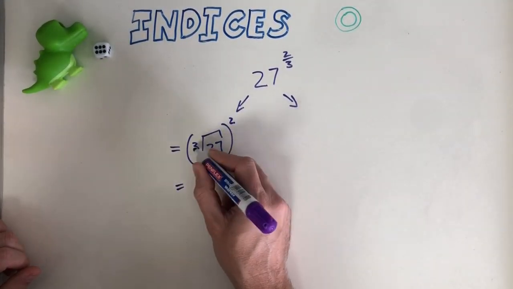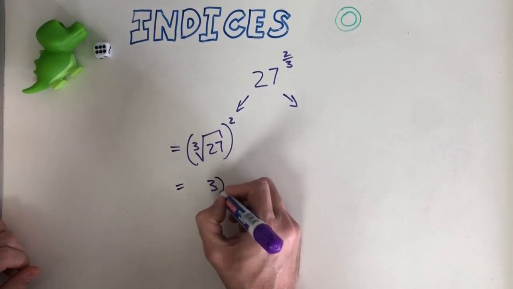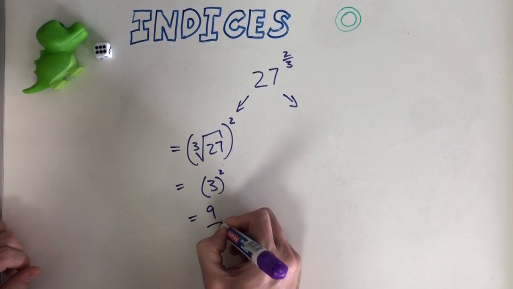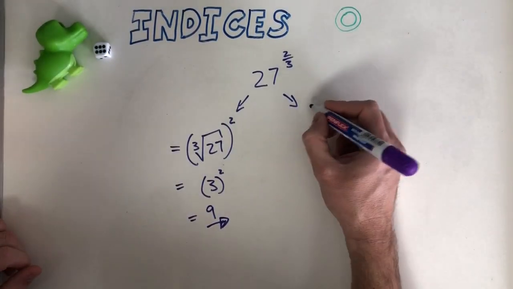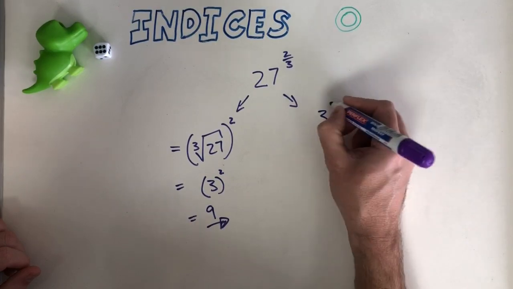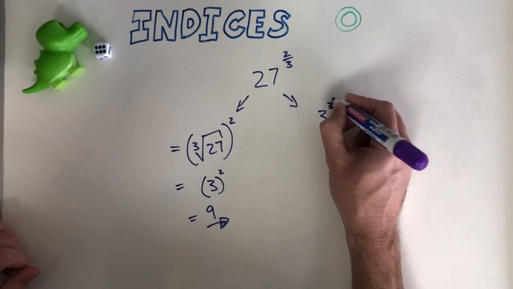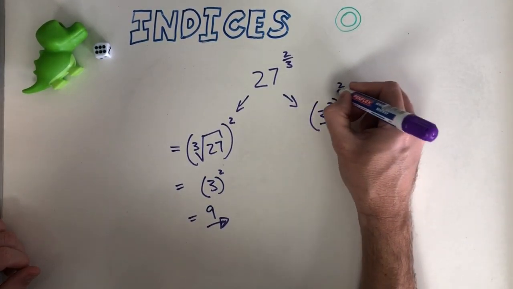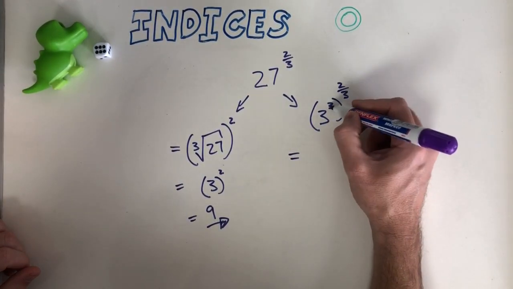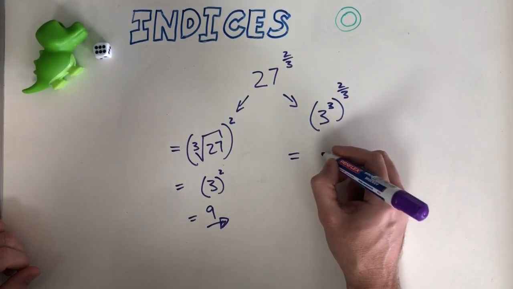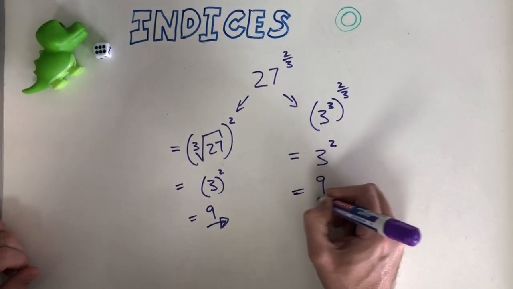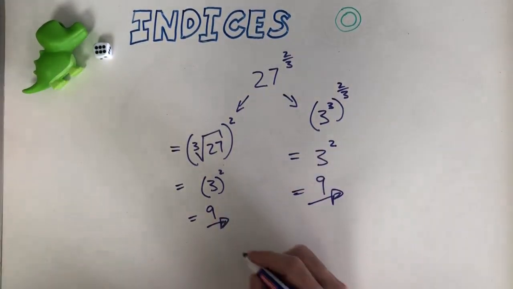The cube root of 27 would be 3, and that squared, so 3 squared would be 9. The other option would be saying 27 can be written as 3 to the power of 3, and that is all raised to the power of 2/3. And I know 2/3 times 3 is going to be 2. So this is 3 to the power of 2, and that's 9. So either way you can do.